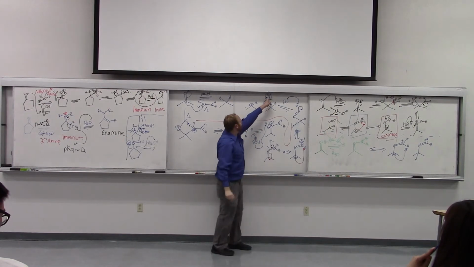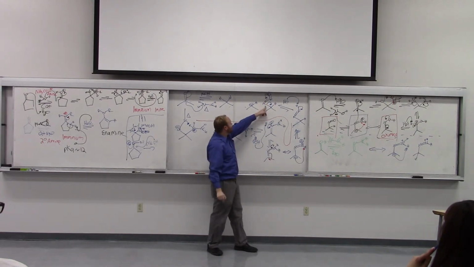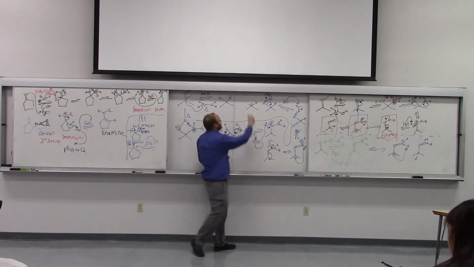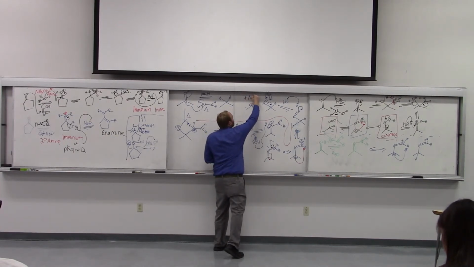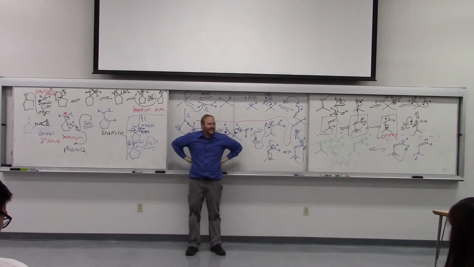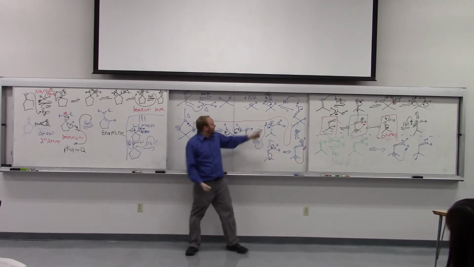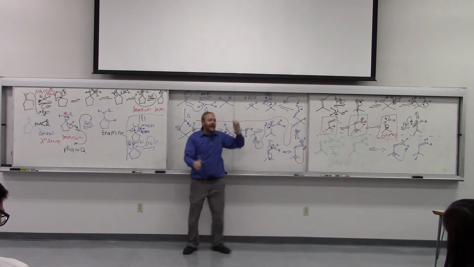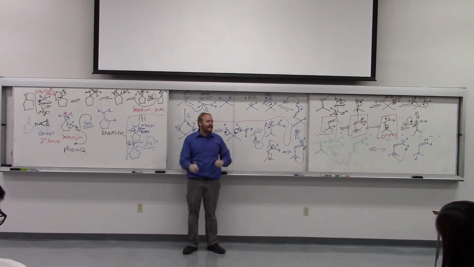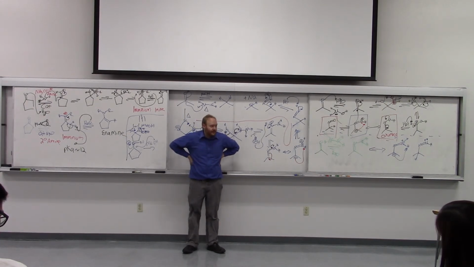So then this lone pair of electrons is going to kick here, causing these electrons to go down to give us our secondary carbanion plus N2 gas. So that's not very nice, right? We went from a pKa of 16 to a pKa of 50. This happens though because we're giving up nitrogen gas. And nitrogen gas is a powerful driving force.